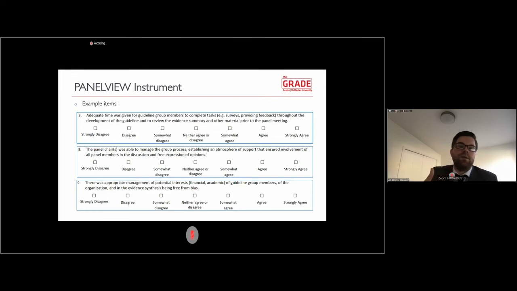So again, this is from the perspective of those who participated in the guideline development process, whether they thought management of potential interest was done appropriately.